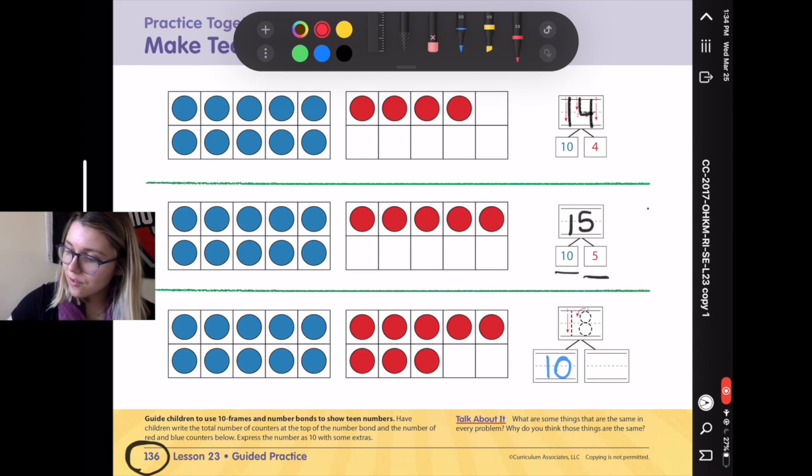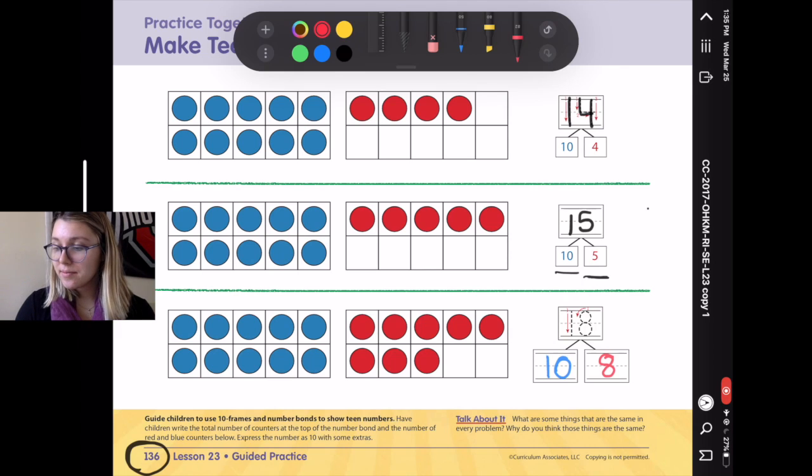There are 8 red counters. So go ahead and write your 8 right there, just like that. All right, and how many total counters are there? 10 and 8 extra gives us, what's that number? 18. So look, we can go ahead and trace the number 18. Because that's the total. 1 and an 8. All right.